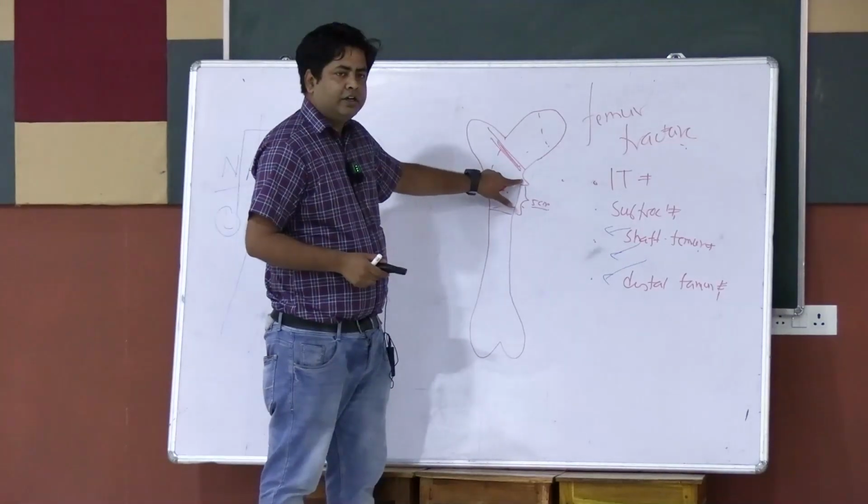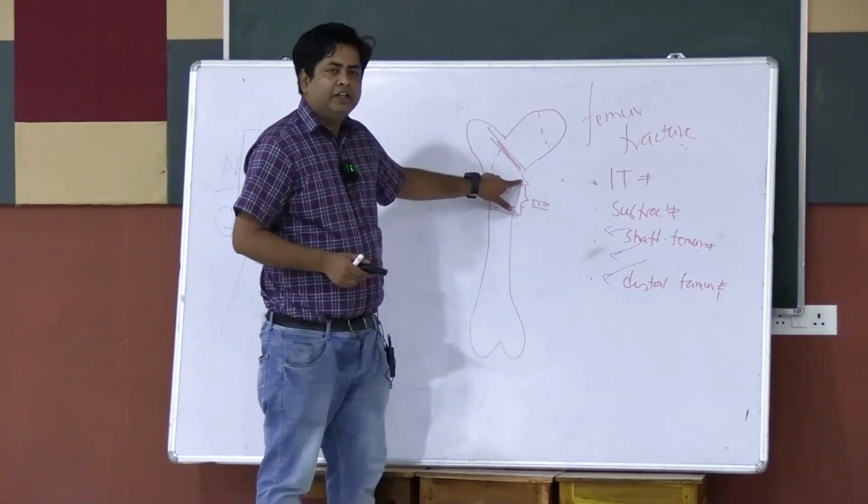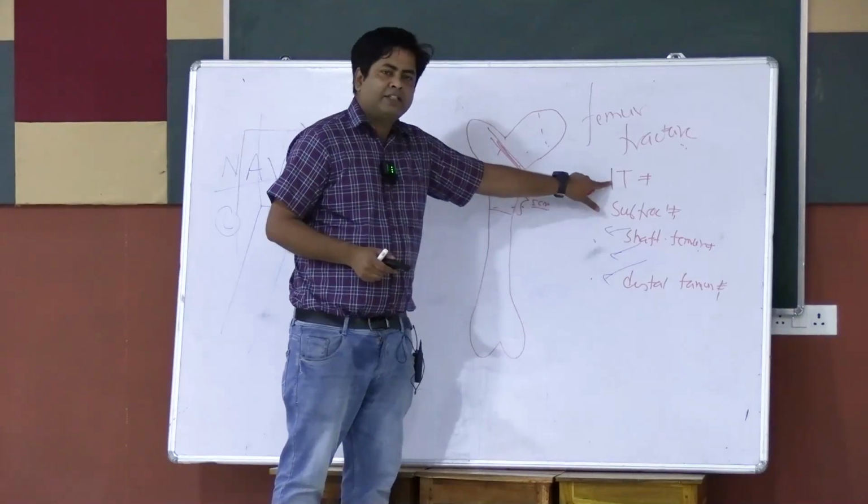This is lesser trochanter. Fracture in between GT and LT is called intertrochanteric fractures.